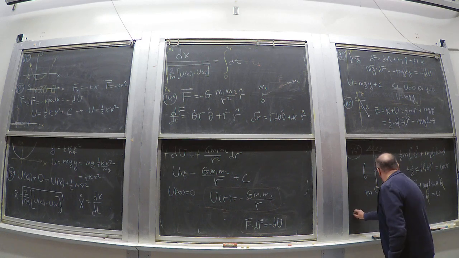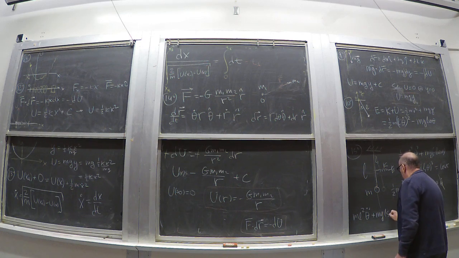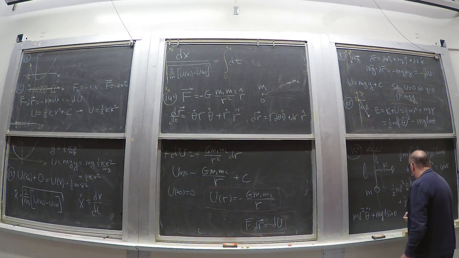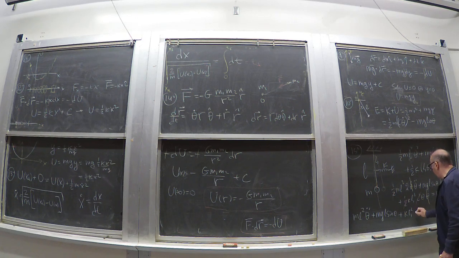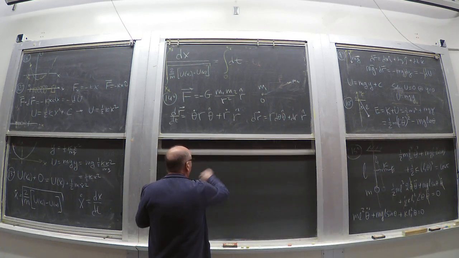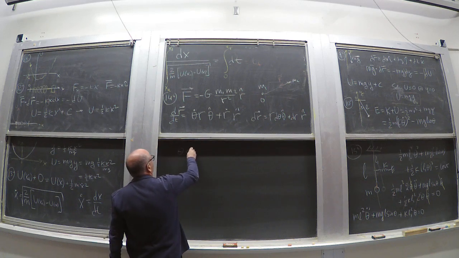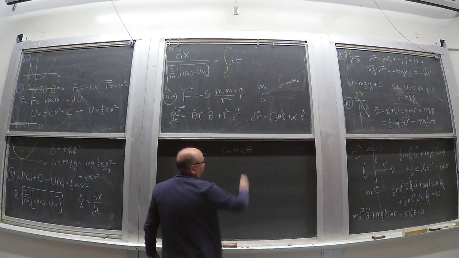Let me do it in 2 steps. m L squared theta dot dot plus m g L sine theta plus k L1 squared theta equals 0. The final answer, if theta is much less than 1, then sine theta is approximately theta.